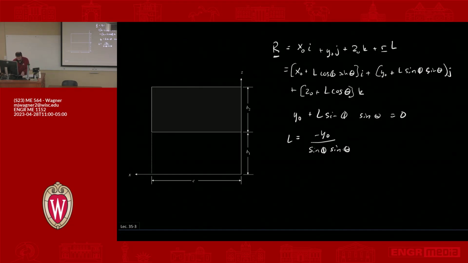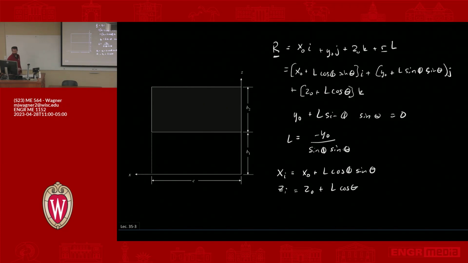Okay, so then for the x, the x intersection point, xi, is going to be x0 plus L cosine phi sine theta. The z intersection is going to be z0 plus L cosine of theta.